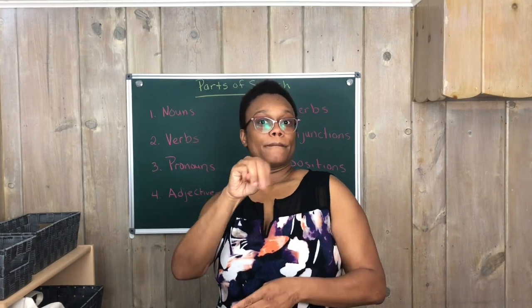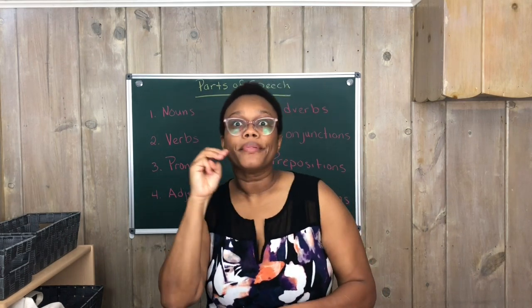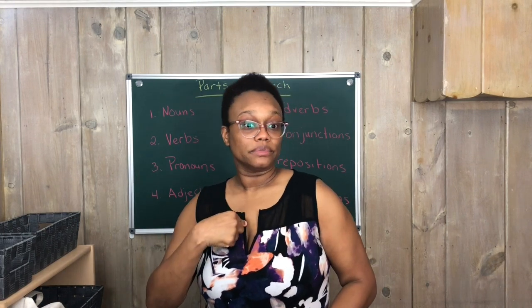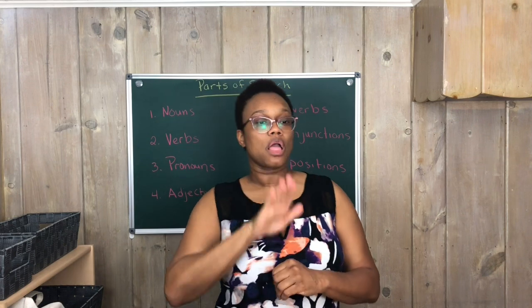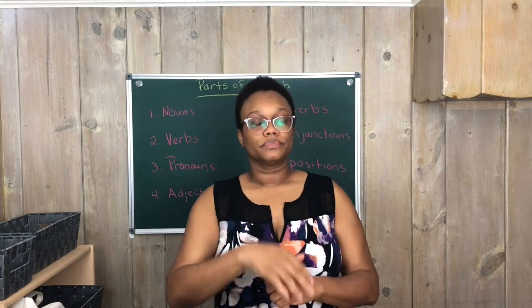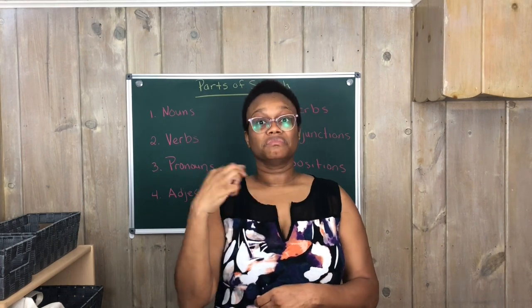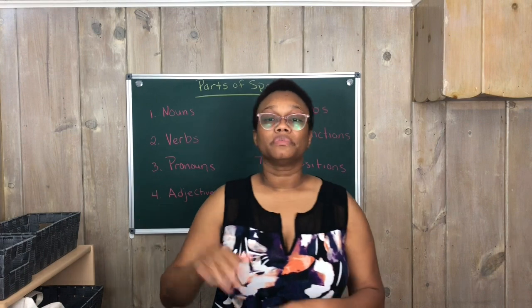For example, my name is Melody. And I don't want to say Melody, Melody, Melody again and again. So when I write, I can say I, she, or her. Another example is we or us, them or their.